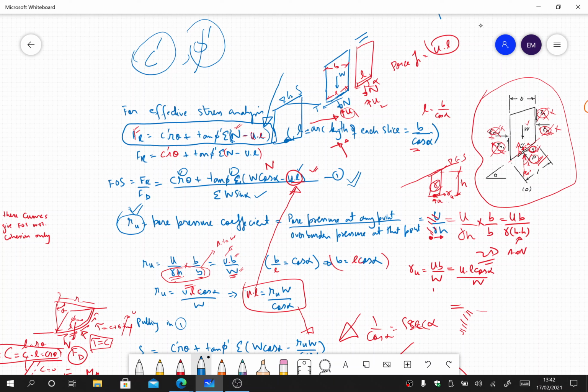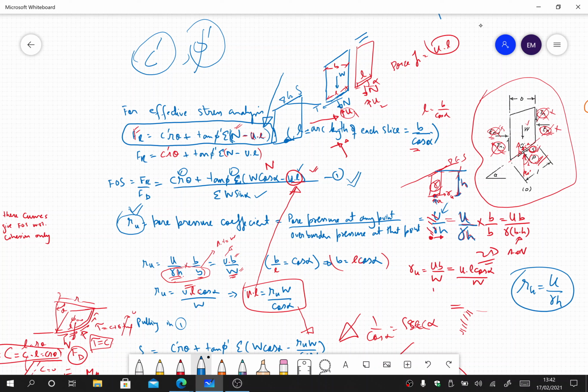The pore pressure at the bottom is U. So I find the pore pressure U and divide it by the overburden pressure, gamma into H. Gamma is the unit weight of the soil, and H is the depth of the point at which you are finding the RU value. So simply RU is equal to U over gamma into H.